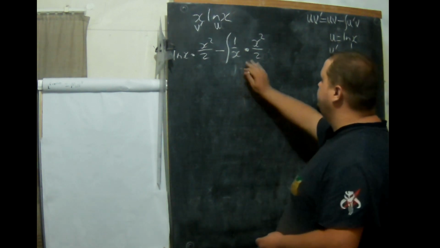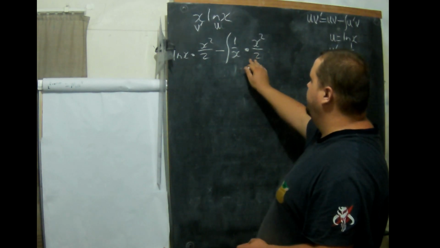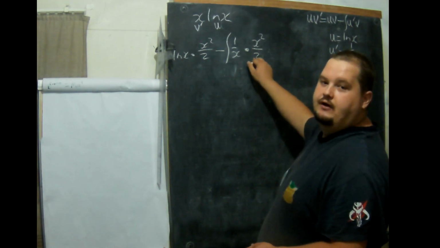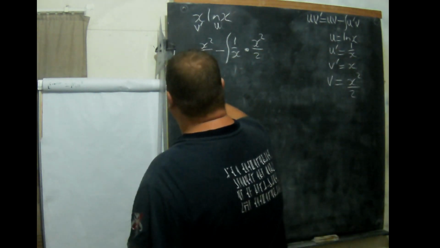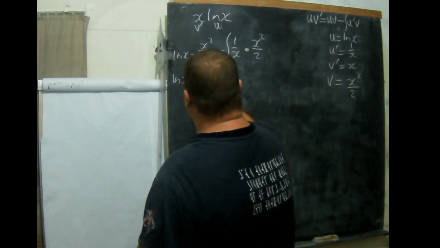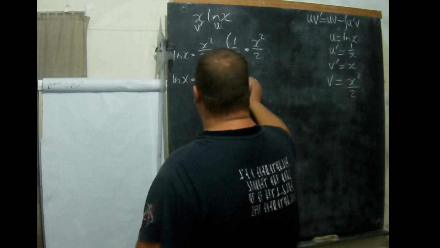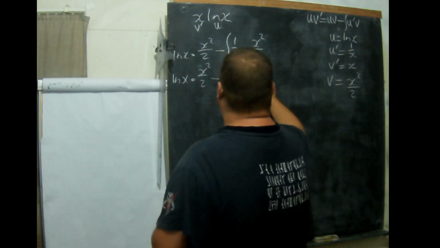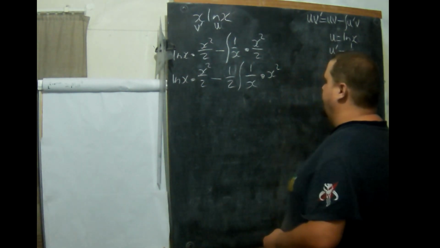Now we cannot integrate two terms together, so we can combine them, but first we need to get rid of the coefficient, which is a half. So ln x times x squared over 2 minus a half the integral of 1 over x times x squared.